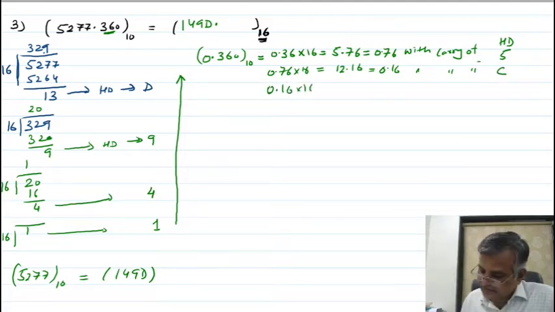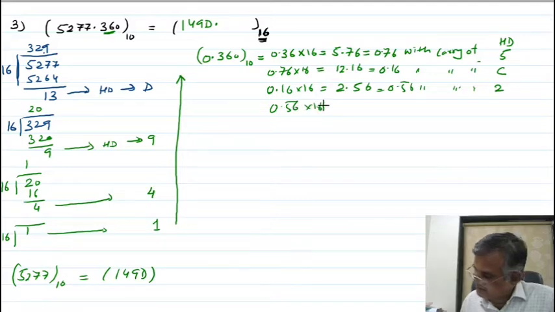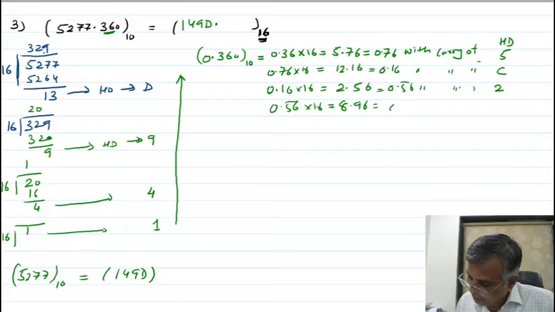Look here, 0.16 multiplied by 16 is 2.56, so it is 0.56 with a carry of 2. So 0.56 multiplied by 16, you will get 8.96, so 0.96 with a carry of 8.